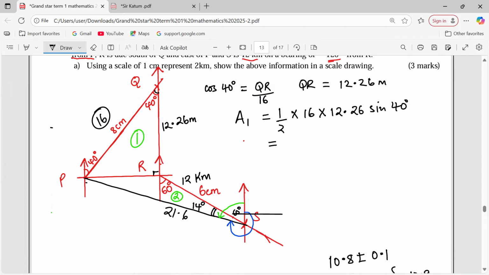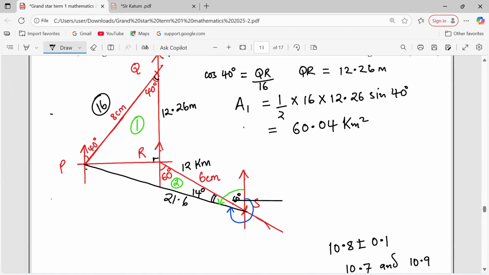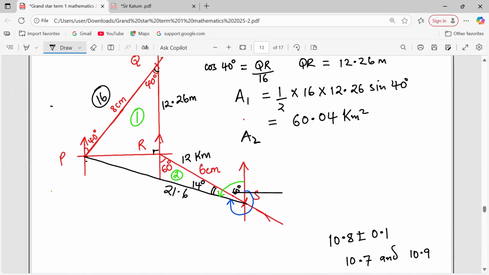This gives us 60.04 square kilometers. Area 2 shall be half times 12 times 21.6 times the sine of 14 degrees. This gives me 31.35.